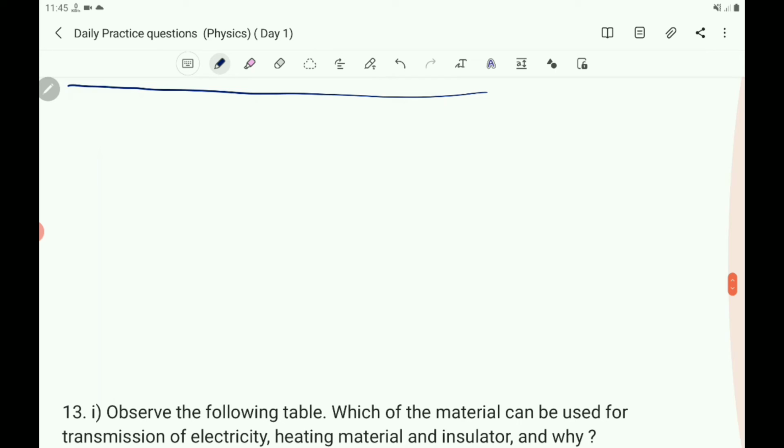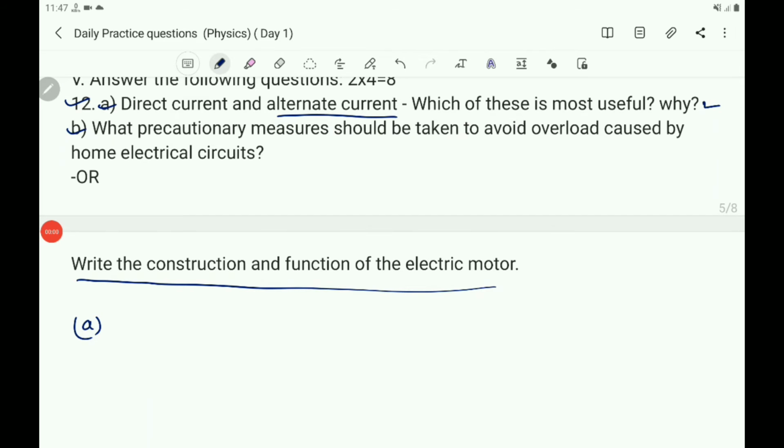First you take A. So you write the answer: alternating current is most useful.